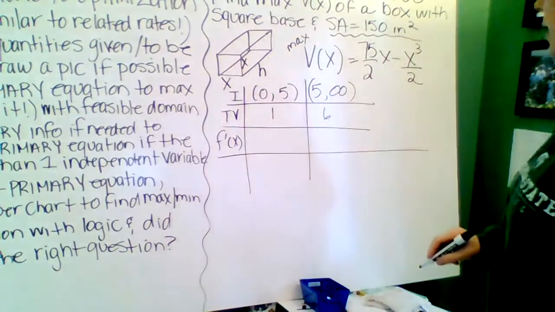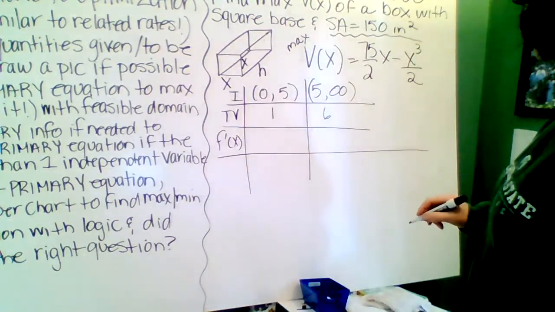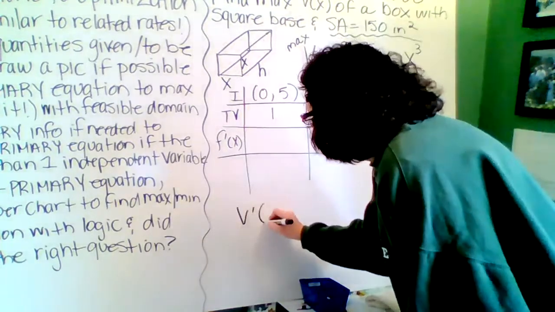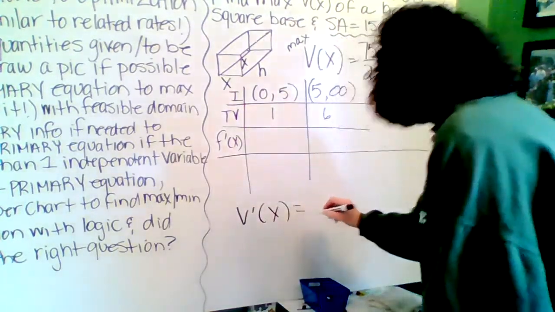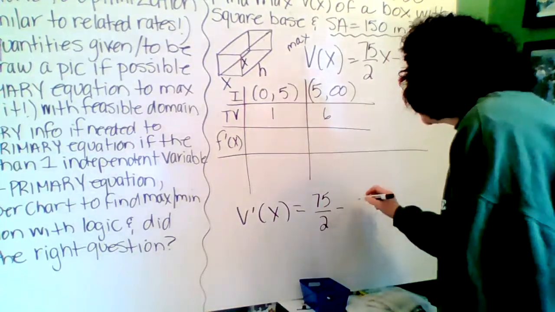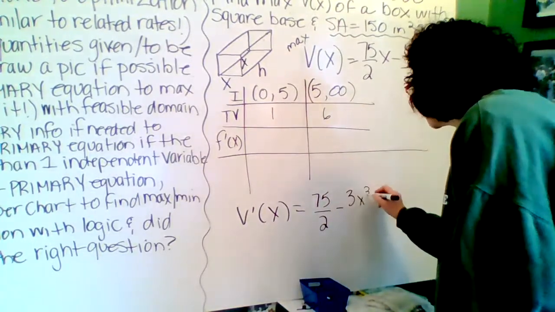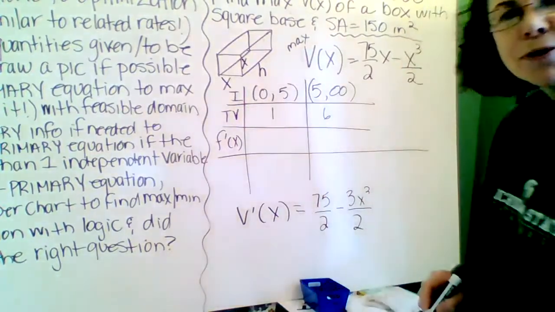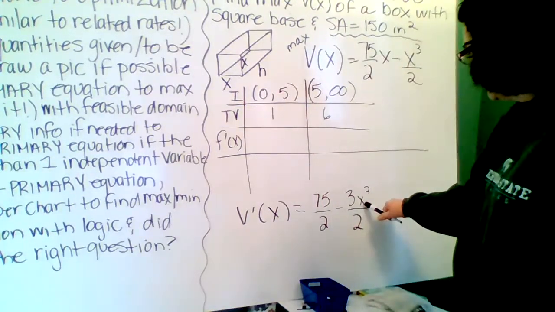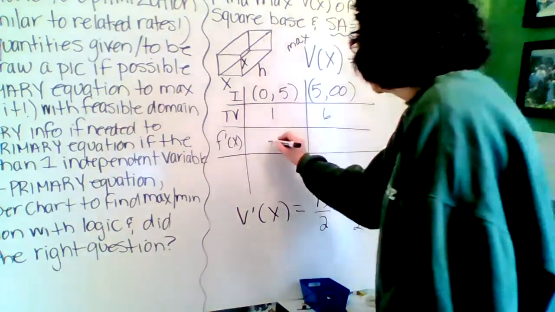The first derivative, oh my gosh, did I actually erase the first derivative? That's just wonderful. I'll rewrite it. What was that first derivative? 75 halves minus 3x squared over 2. Sorry about that. Was trying to save space, you know. Okay, when I put a 1 in, 75 halves minus 3 halves, of course, is positive.